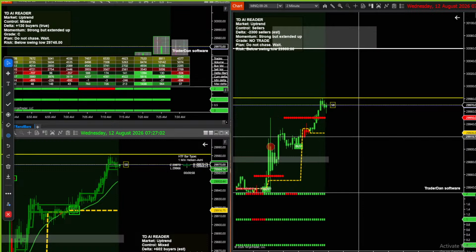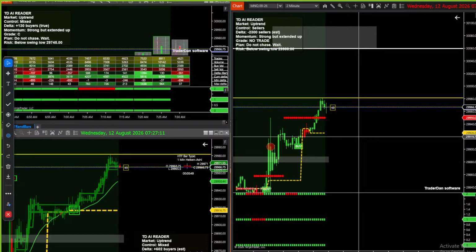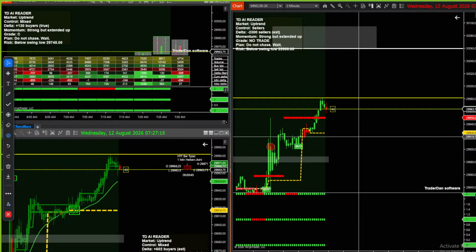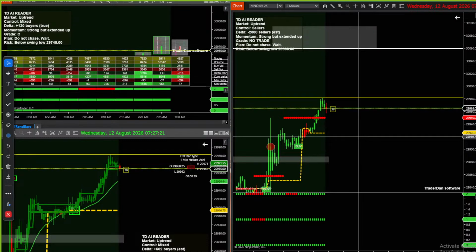Market's going to open up here in 2 minutes, guys. We are extremely bullish. Shorting this rip up is going to be kind of scary, but we do have some sellers showing back up in this market. The 5 minutes is still holding 130 buyers.